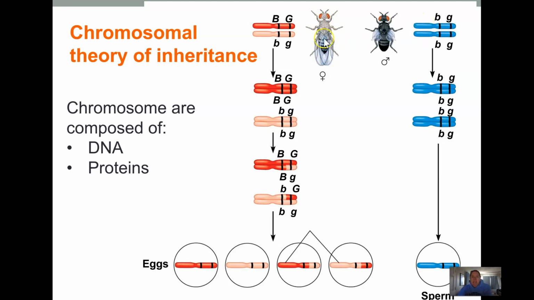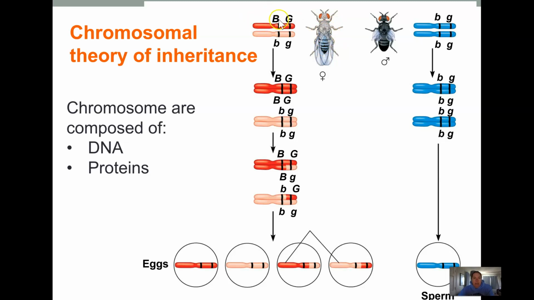So we can see that this female, for her coloration and her wing type, would you consider her homozygous dominant, heterozygous, or homozygous recessive? And ask yourself the same question for the male fly. So hopefully you can see that her phenotype is this gray color.